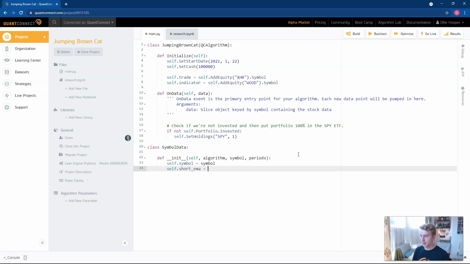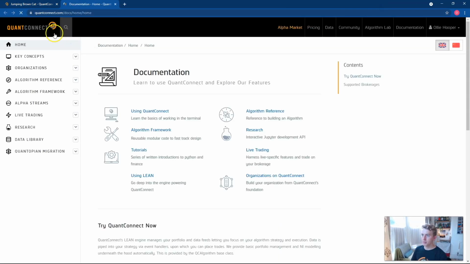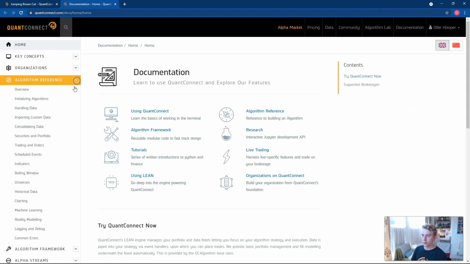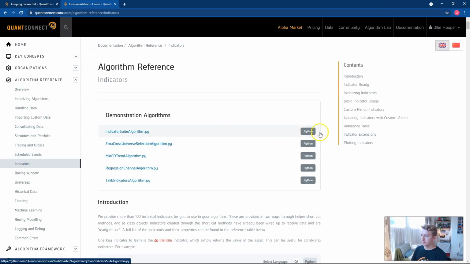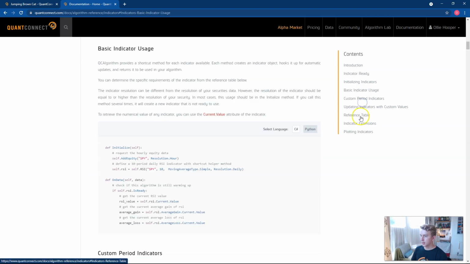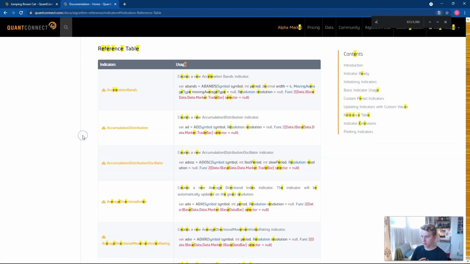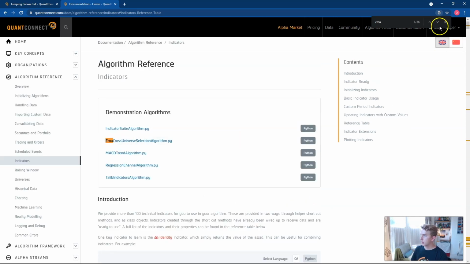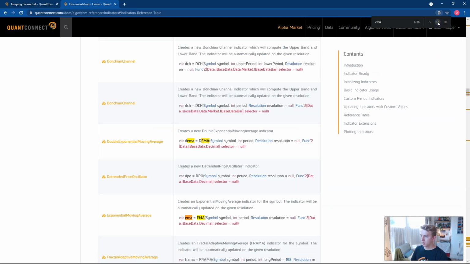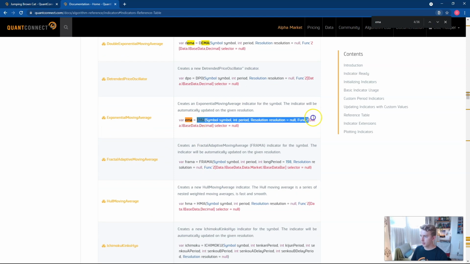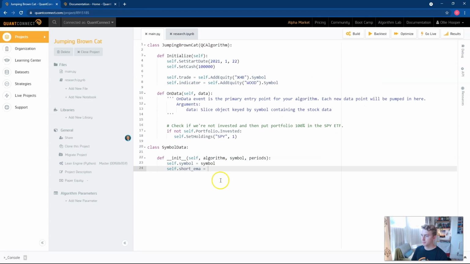self.shortEMA equals, and now we can go into the documentation and head to algorithm reference indicators, and if we go down to the reference table, we should be able to find EMA. There we go. So let's just take that. So it's going to be symbol, period, and then the resolution.